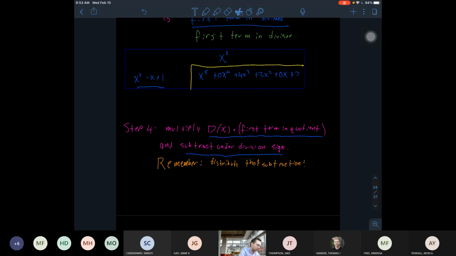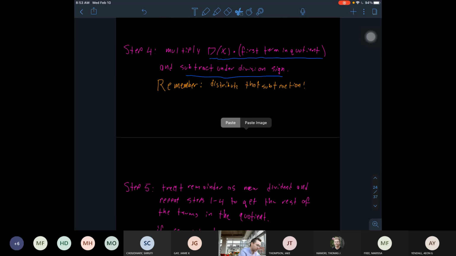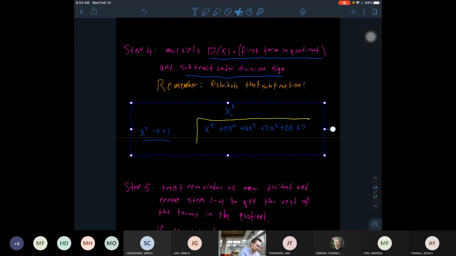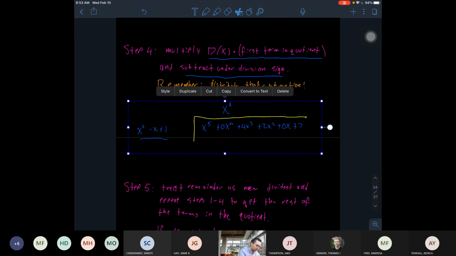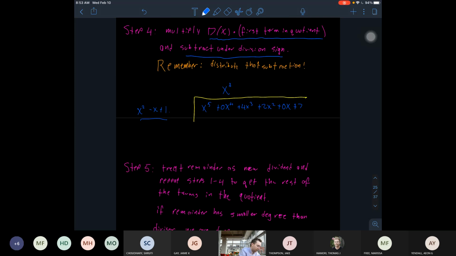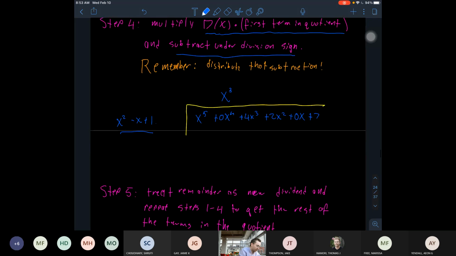Let me copy this down. Okay, here's how this is going to work. I'm going to take each and every term of this divisor here, and I'm going to subtract, and I'm going to use parentheses when I do this.